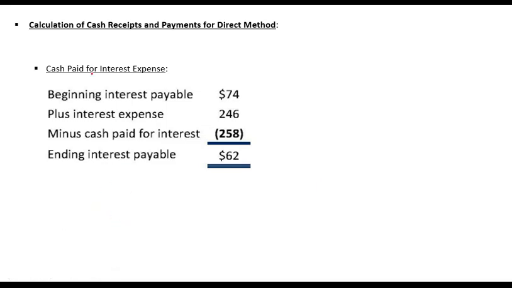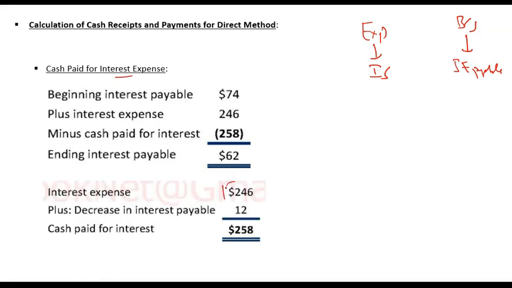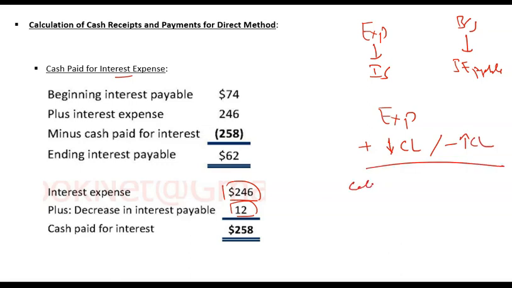Calculation of cash paid for interest expense. Again, in interest expense the same method will be used. You take the expense from the income statement, then you make the adjustment for the balance sheet item, that is interest expense payable. So you take the interest expense and you add the decrease in current liability, or in other words, you subtract the increase in current liability, and this will give you your cash paid for interest expense.